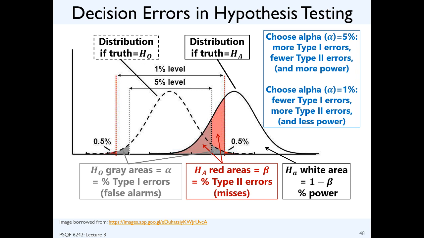Then 20% of the time we will miss the effect that is really there. That's beta. That's type 2 error.